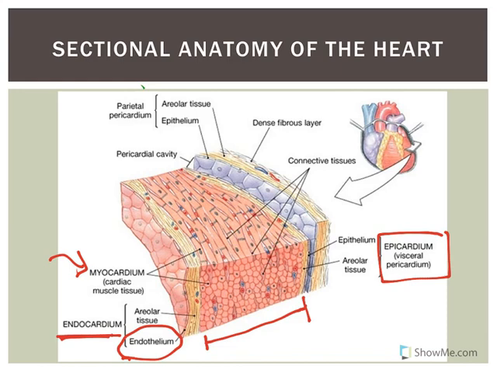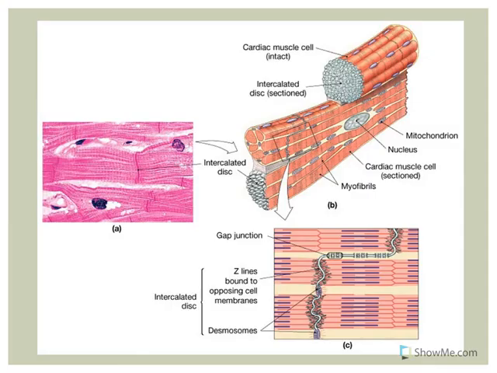Now we're going to look at the chambers of the heart. Actually, before I look at the chambers of the heart, I do want to remind you about some of the characteristics of cardiac muscle. Cardiac muscle is an involuntary muscle. It's striated. It has these intercalated discs. The intercalated discs are comprised of gap junctions and desmosomes.